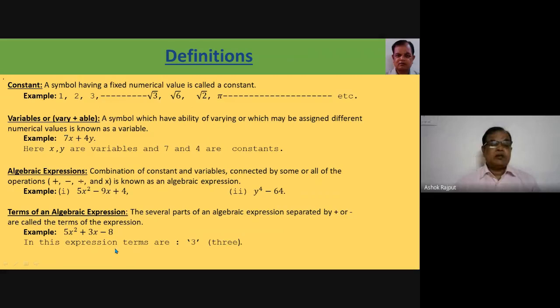In this expression, the terms are 3. We can count here: 1, then plus, second, then minus, then third. Here are 3 terms. So it is very simple, but we should be attentive. If we are attentive and have interest in study and want to learn it, then these things are very simple and easy also.